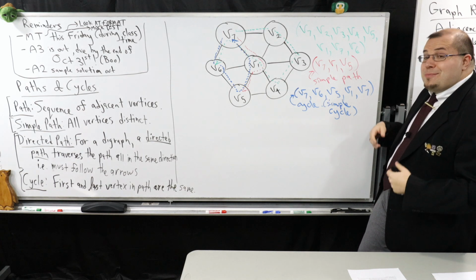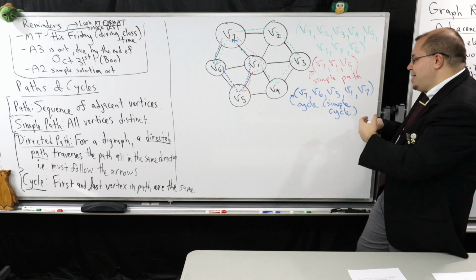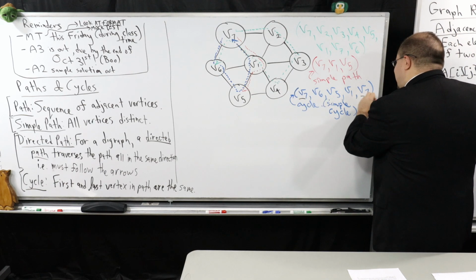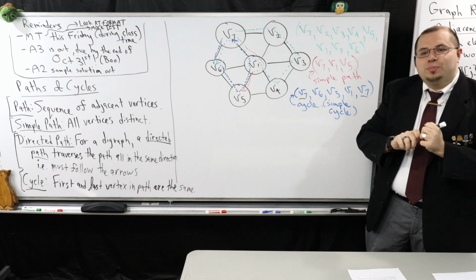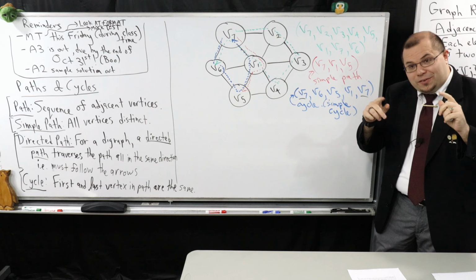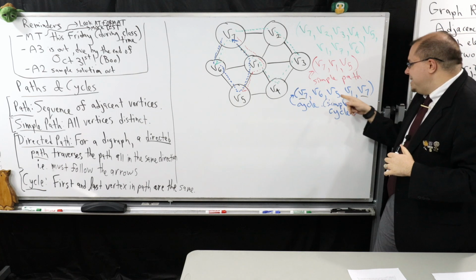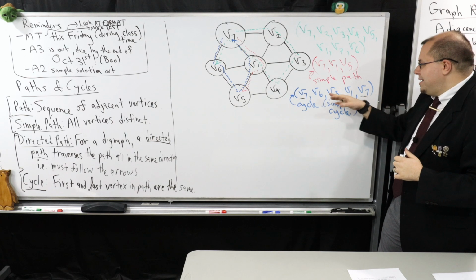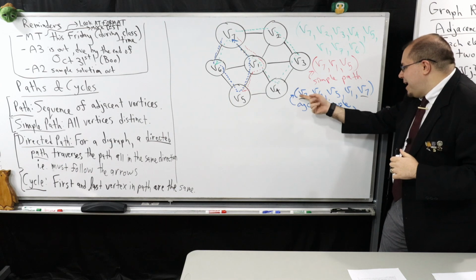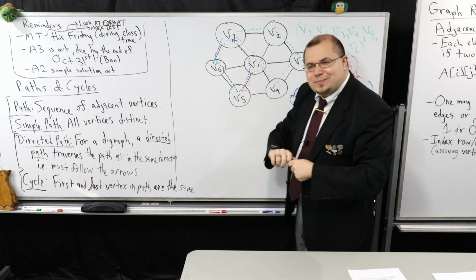I'm leaving the exception for the first and the end. That's how I define simple in the context of a cycle. That's a wonderful question, by the way. When I look at a cycle, I don't really care about the first and the last here. I just care that if I count each one of these, all of them have to be distinct. That's a wonderful question.